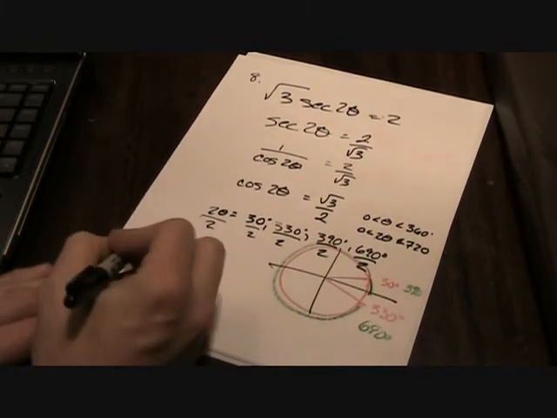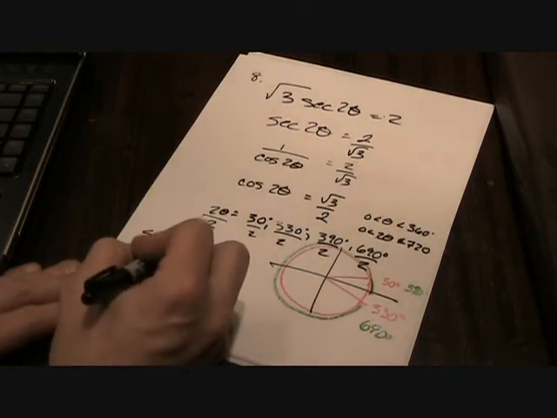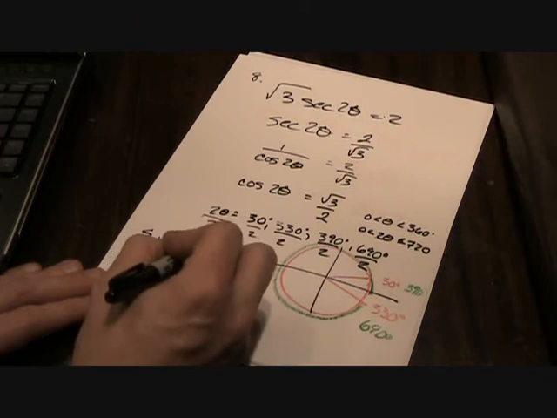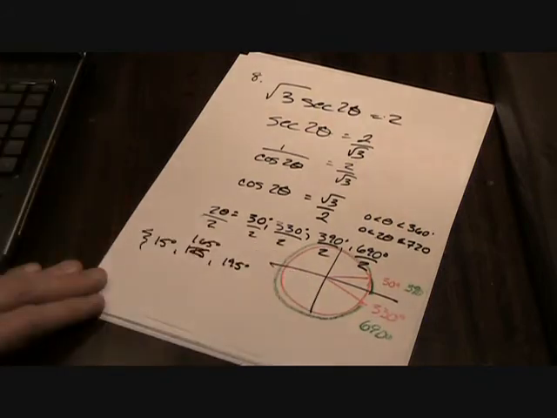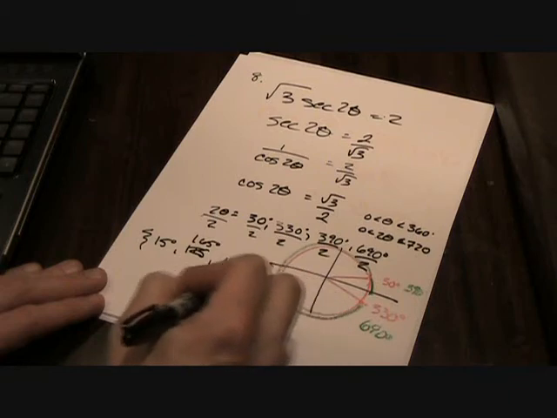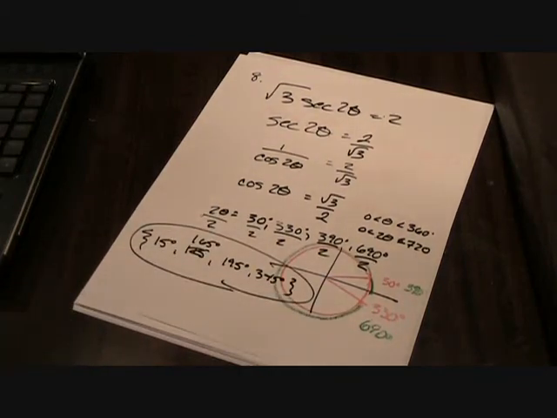So your final answers are going to be, let's make sure we're on the camera, 15 degrees, 165 degrees, 195 degrees, and then 345 degrees. Okay, so that is how you do those.